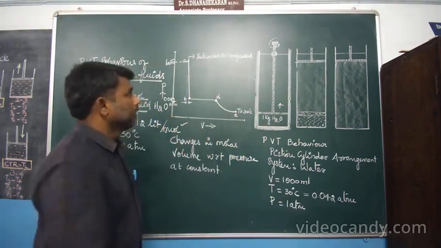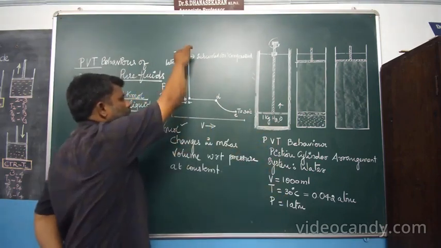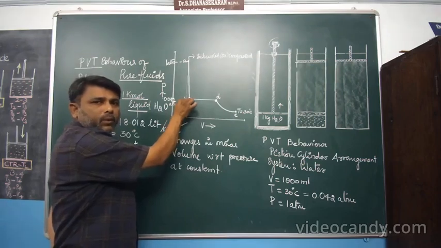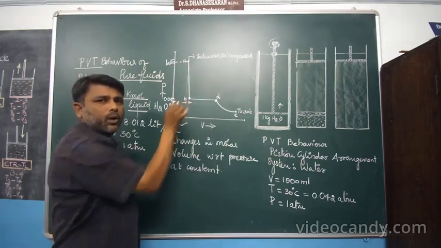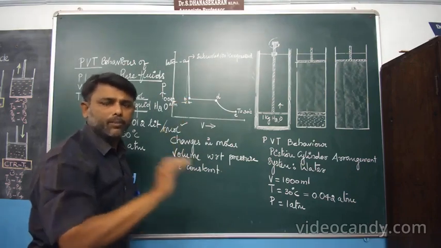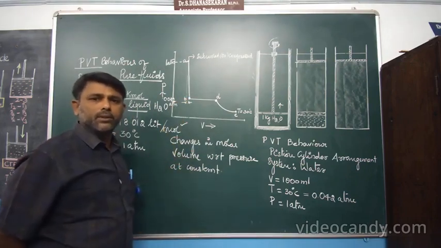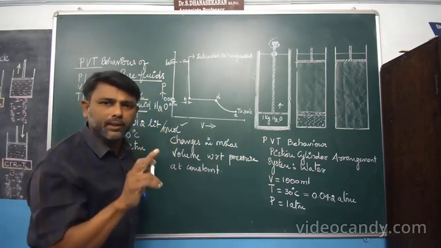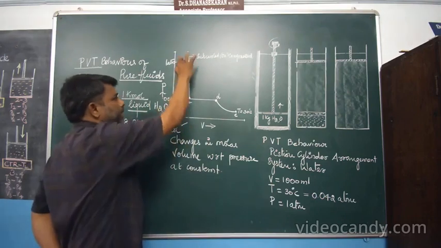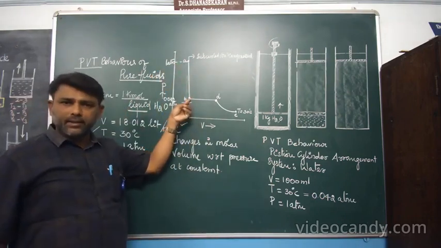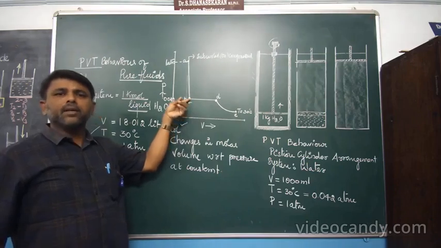Okay. Now, from state A to state B, we reach state B. Now the pressure is equal to 0.042 atmosphere. That means the liquid is at saturation pressure. The liquid is now at the saturation pressure of 0.042 atmosphere at a temperature of 30 degrees Celsius. This is state A to B. Once state B is reached, vaporization begins.